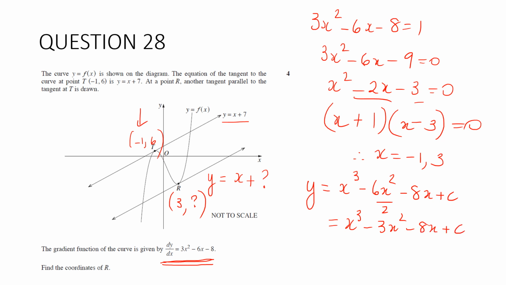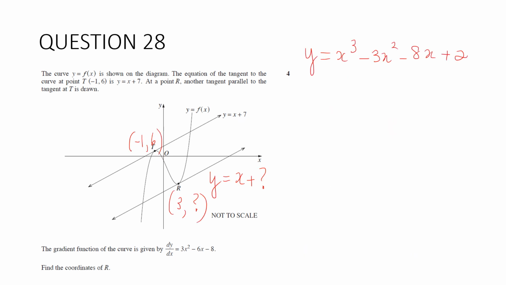And we know it goes through the point negative 1, 6. 6 is equal to negative 1, take 3, plus 8, plus c. And so c is equal to 6 plus 1 plus 3 minus 8. What is that? 6, 7, 8, 10. It's 2.